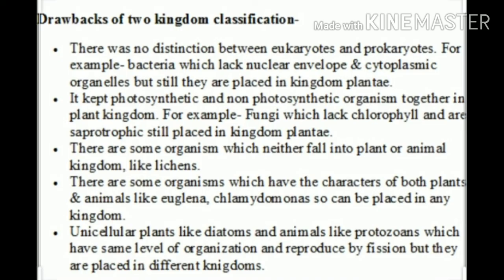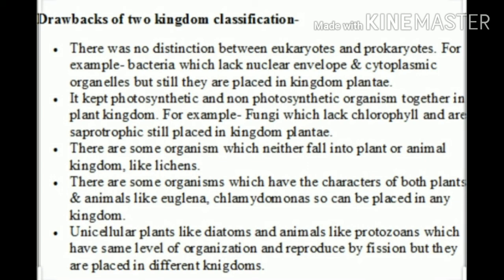Finally, we come to the drawbacks of the two kingdom classification introduced by Carl Linnaeus. That means the two kingdom classification introduced by Carl Linnaeus had some demerits or drawbacks. So, what were the drawbacks? The first one, there was no distinction between eukaryotes and prokaryotes.